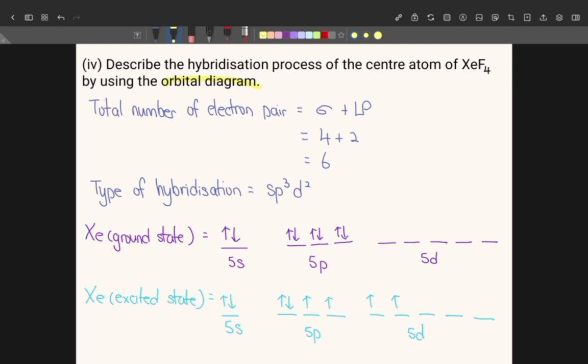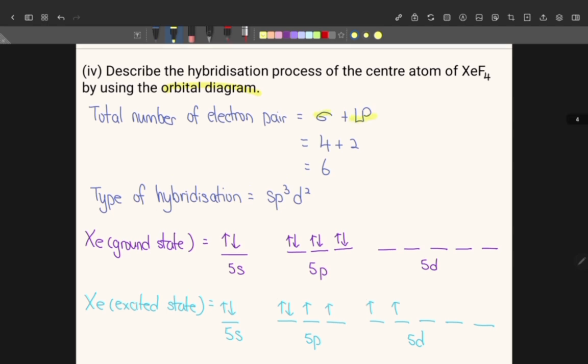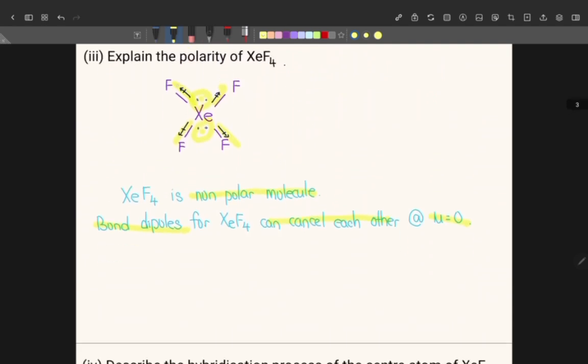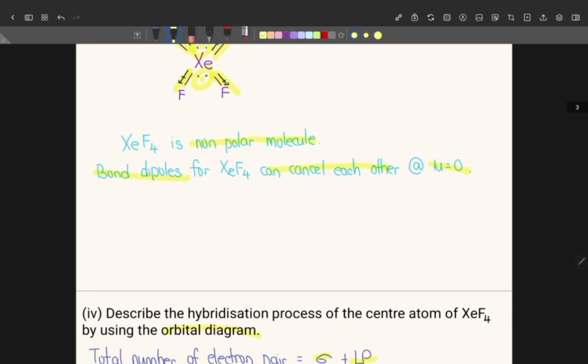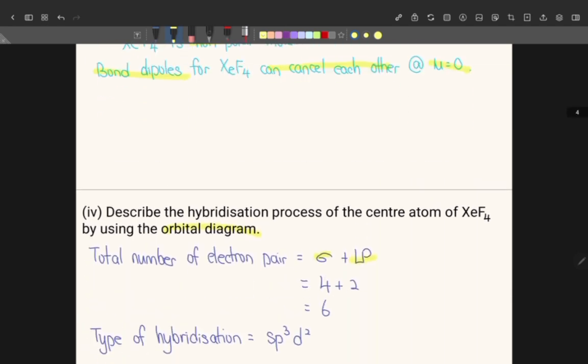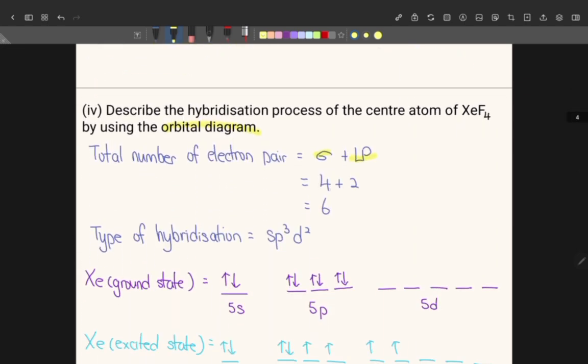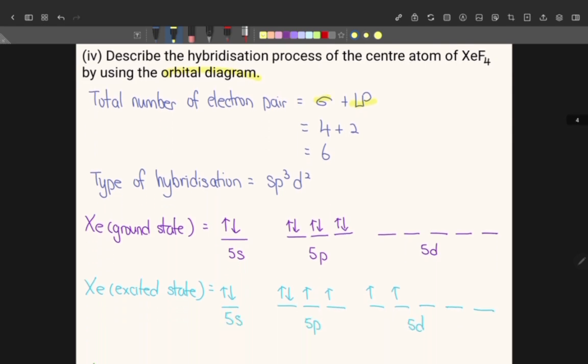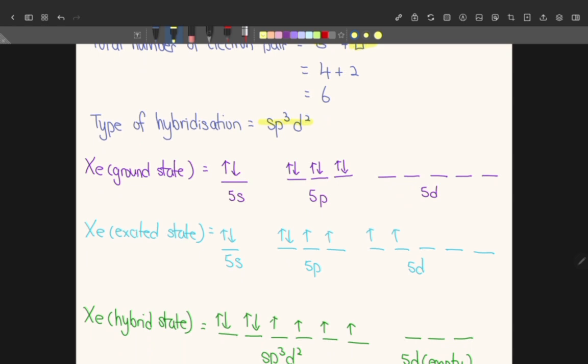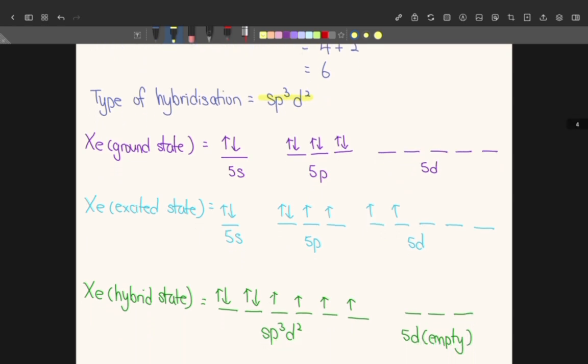The total number of electron pairs is sigma bonds plus lone pairs. Xe forms 1, 2, 3, 4 sigma bonds, and 2 lone pairs. So 4 plus 2 is 6. So the type of hybridization is sp3d2.